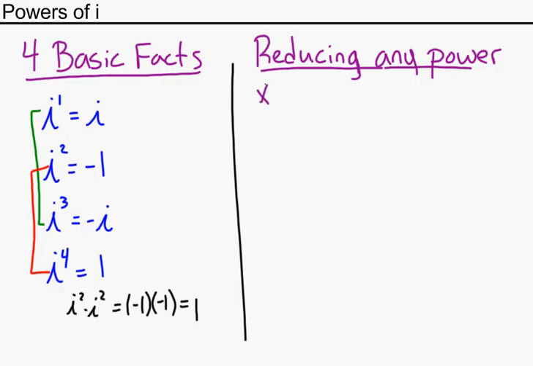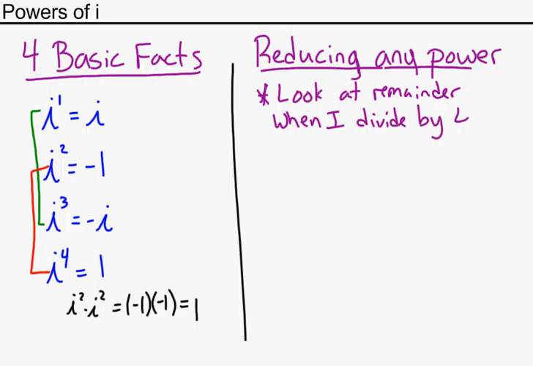So the question is, how do I put these other powers into those four categories? What I do is I look at the remainder when I divide by 4. What that will do is put any other number into one of these categories.